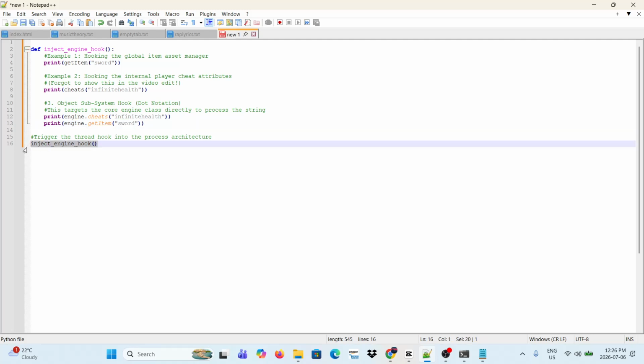Here we call the function which does all this.